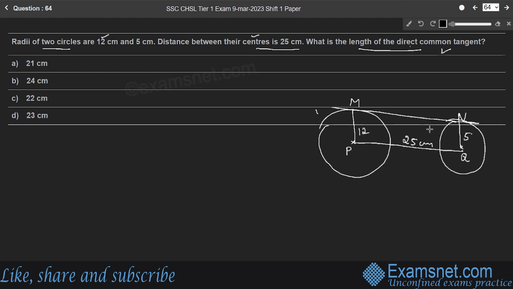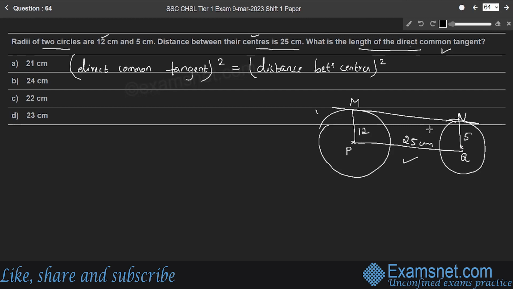So the square of the direct common tangent is equal to the square of the distance between their centers, minus the square of the difference between their radii, right?